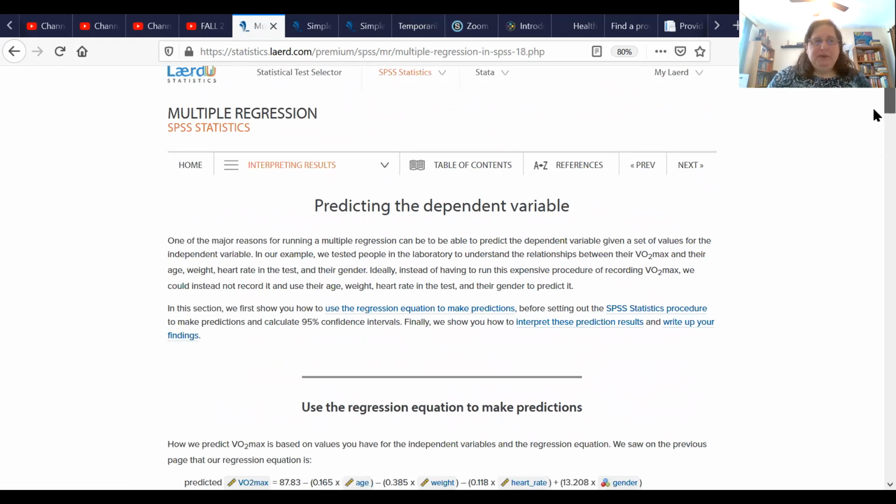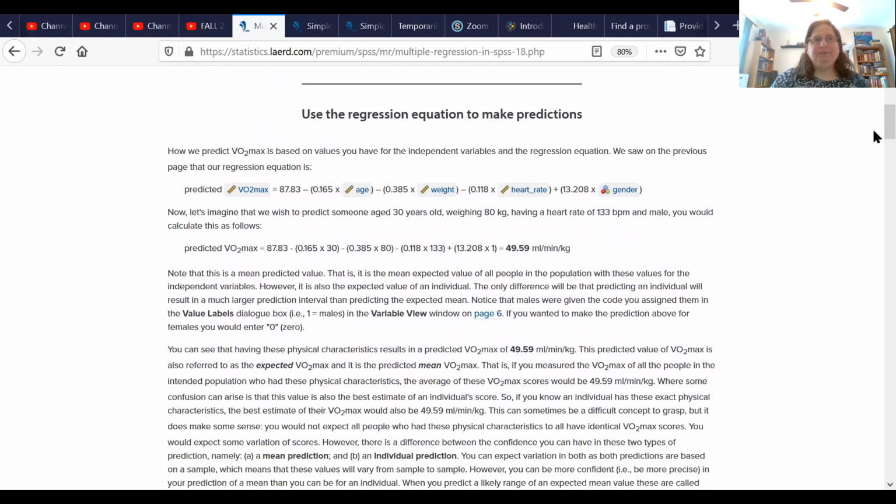Now, predicting the dependent variable. Let's talk about this. Okay, so we've got our predicted variable and we can sub in, let's say we were interested in a male who, so let's start at the beginning. We'll first put in the 87.83, right? That's always the same.